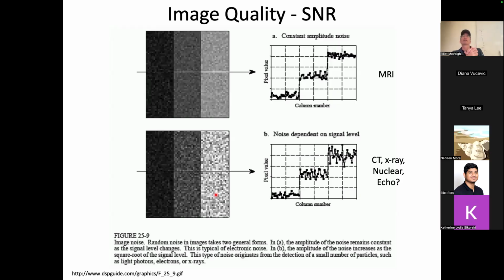Air, which has a CT value, a Hounsfield value of -1,000, is essentially the maximum number of X-ray photons that you're going to see in your detectors for that scan, because there's nothing in front of the detector, right? It's going through the air, hitting the detector. So that's the highest number of photons you're going to see. And so that's also the highest precision value you can estimate because you've got the most photons there.